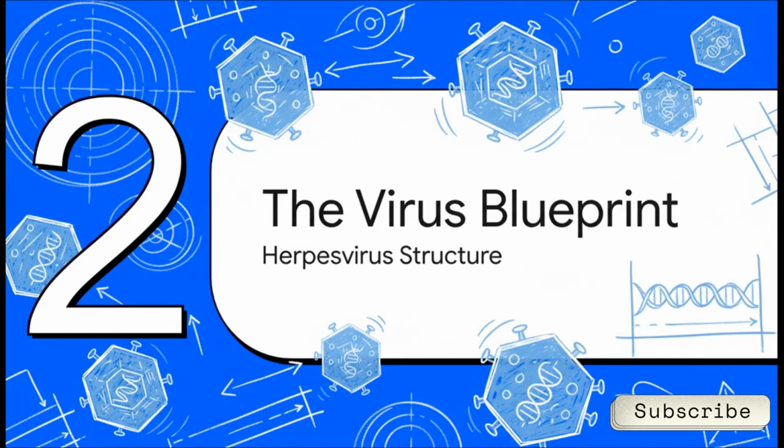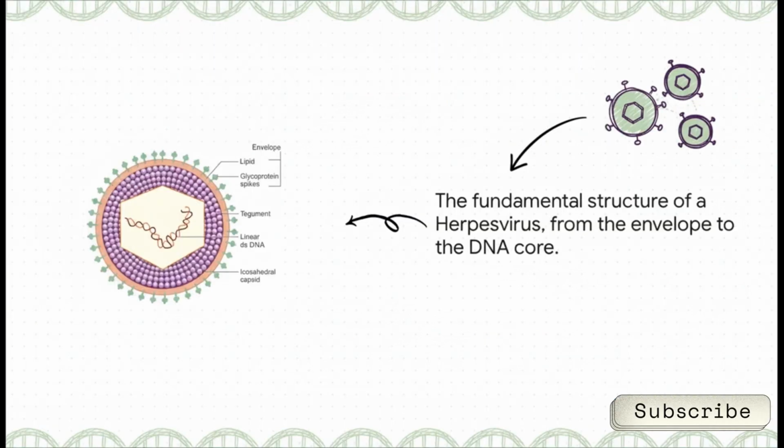All right, we've met all the members of the family. Now let's look at what they all have in common. We're going to dive into their basic structure, the herpesvirus blueprint. Check out this diagram. Now, the awesome thing here is that this basic structure applies to every single virus we just classified, from HSV-1 all the way to the virus that causes Kaposi sarcoma. If you learn this structure once, you know the morphology for the entire family.